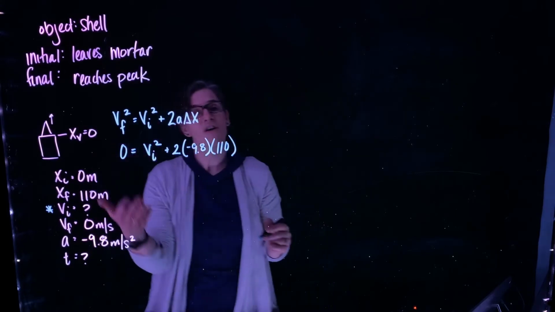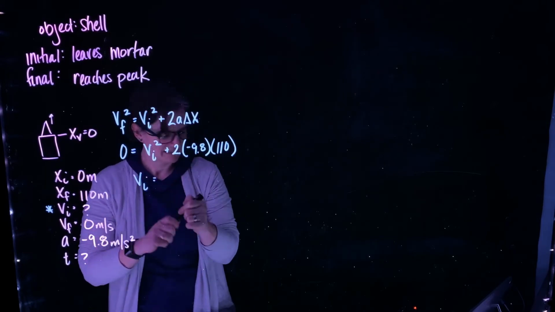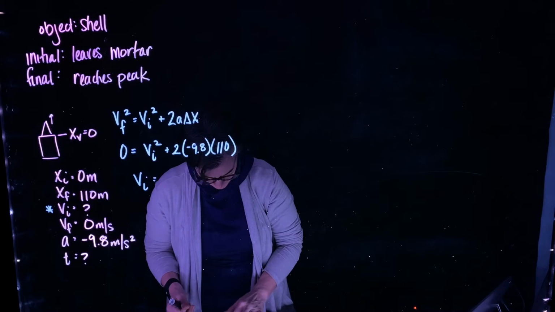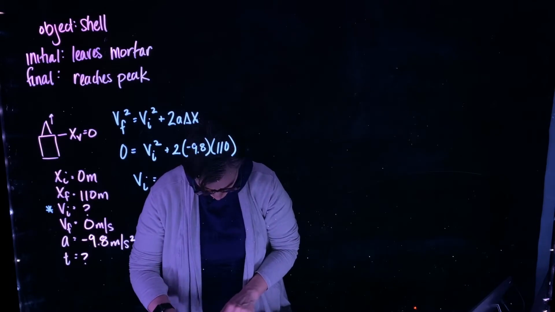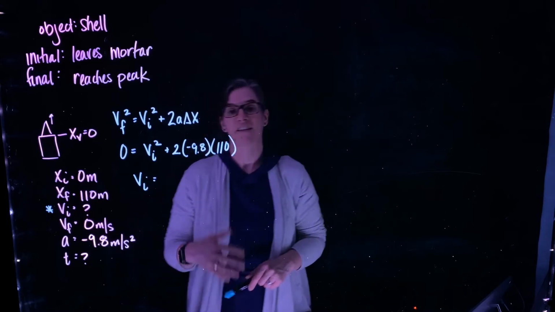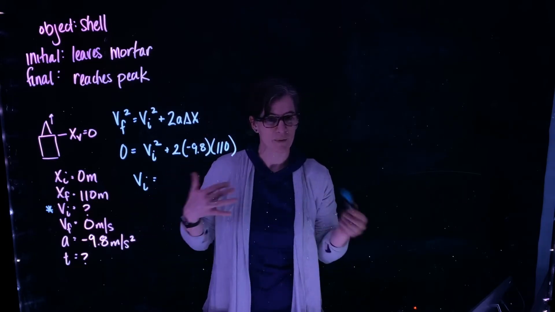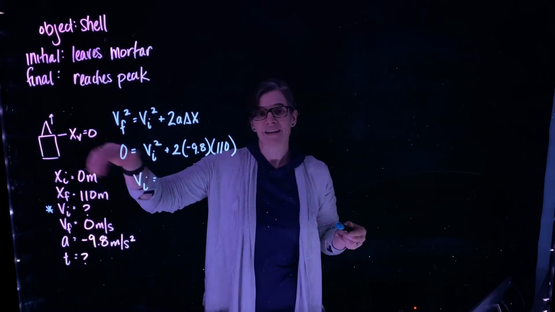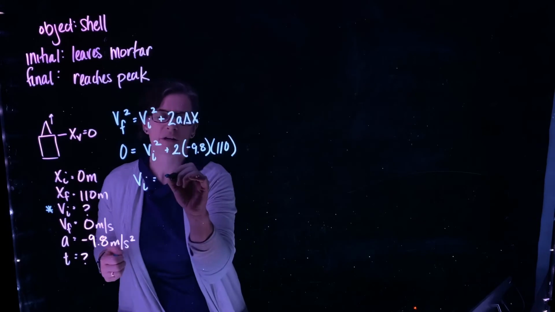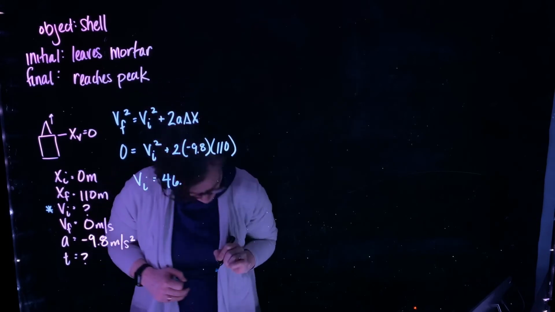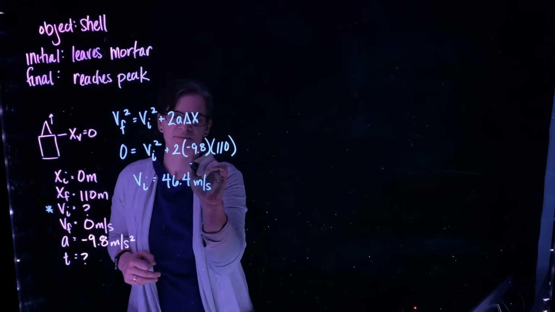So when I solve for the initial velocity, in this case, I have 2 times 9.8 times 110, and I'm going to take the square root of that value, and I either have a positive velocity or a negative velocity. Whenever we take a square root, we have both positive and negative, but the rocket's moving up in this case, and it has a velocity of 46.4 meters per second.